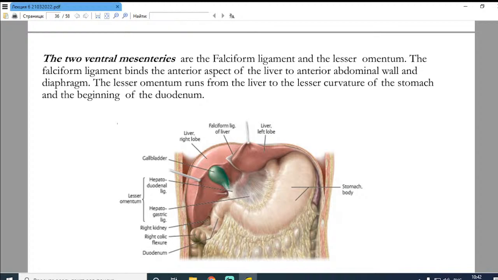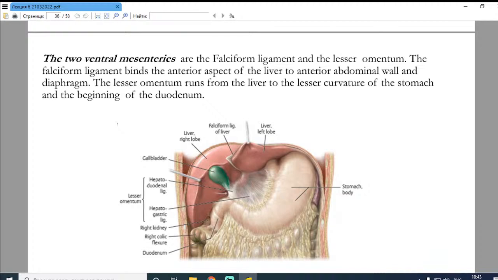The two ventral mesenteries are the ligamentum falciforme and the omentum minus, or lesser omentum. Lesser omentum, omentum minus.